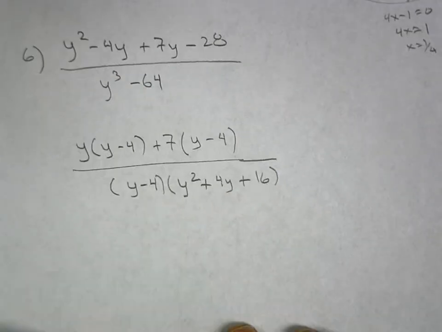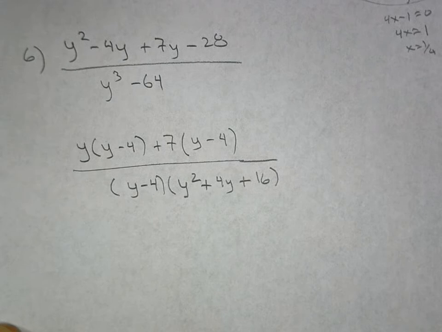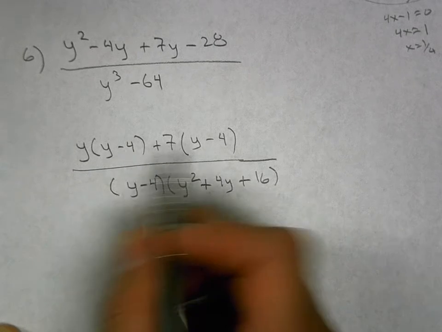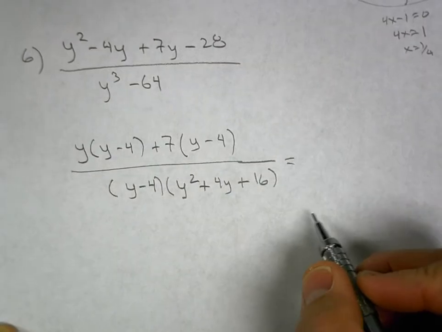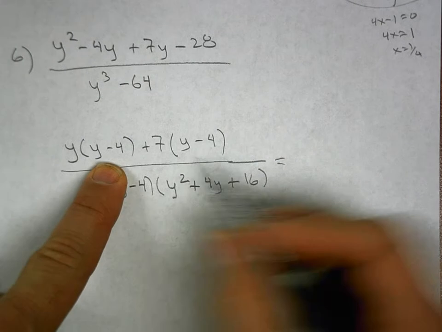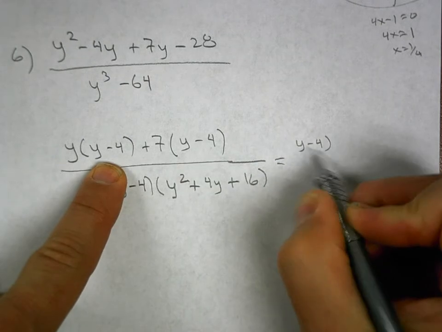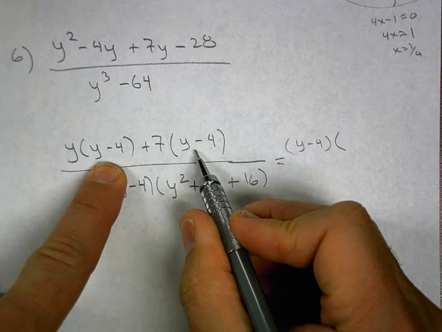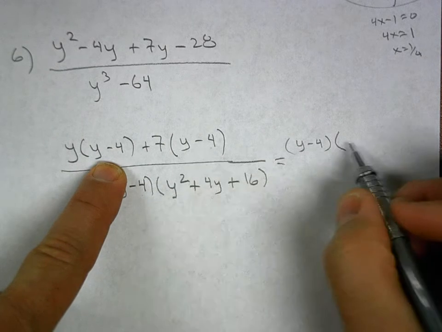Okay, now what? Simplify the top. How do we simplify the top? Take out a GCF, greatest common factor. So y minus 4, just take one of those out. It's common to both. And what do we have left? Y plus 7.